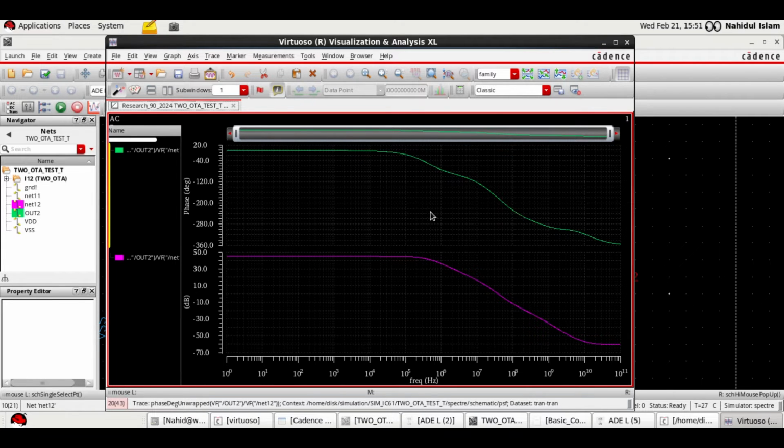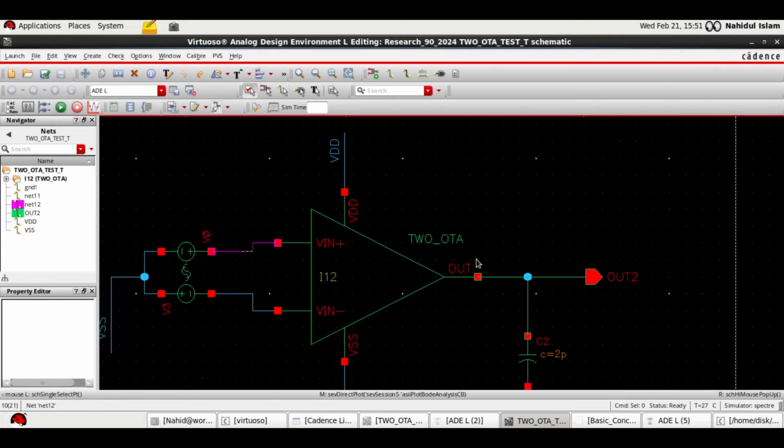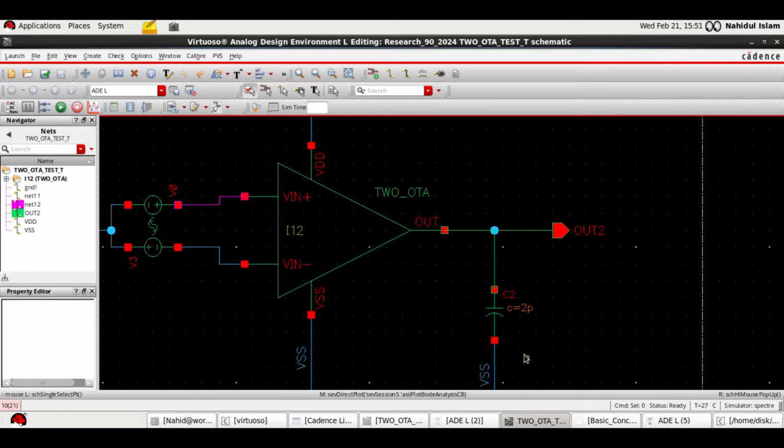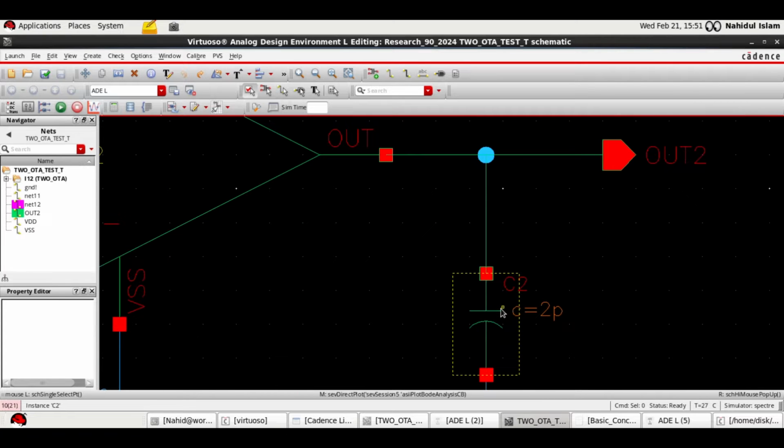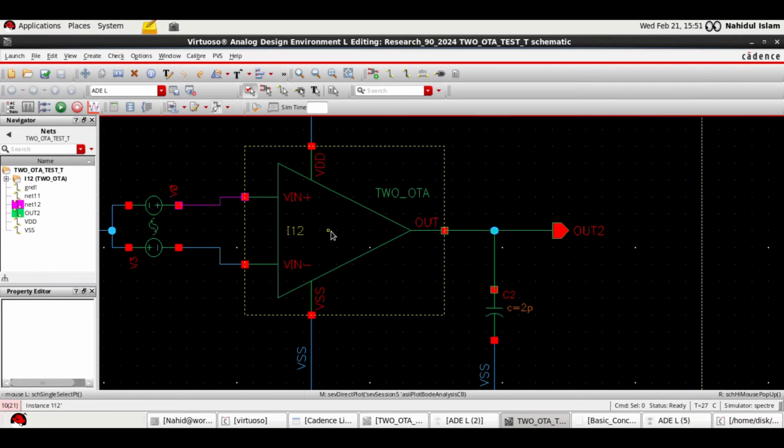Well, this is the way every time you have to do it. You have to use the same method. If I change the capacitor value or any internal value for this circuit, then again if I'm going to plot the gain and phase, I have to perform the same method.